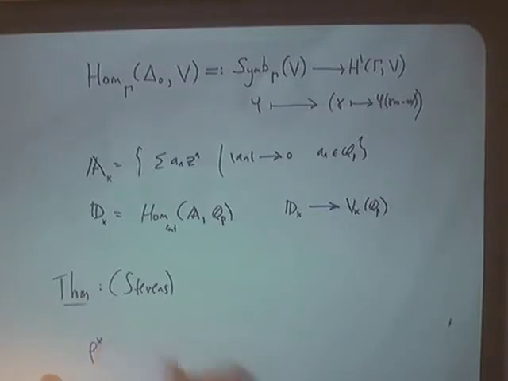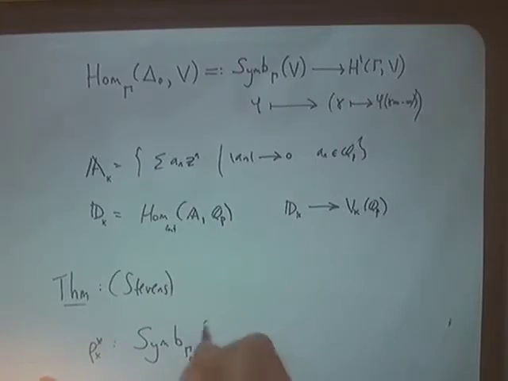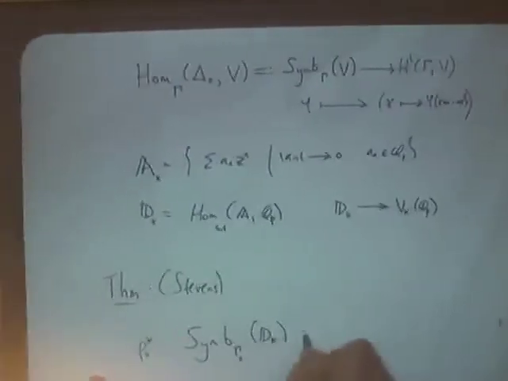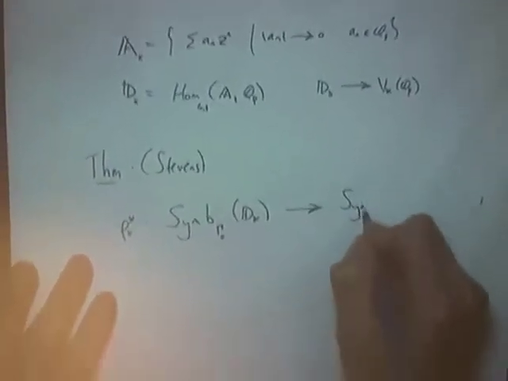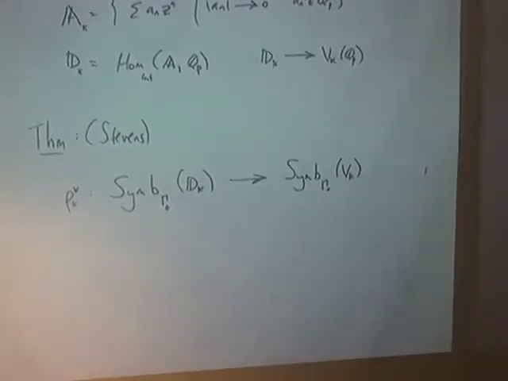And so I called rho star sub k the induced map on modular symbols. So now I'm putting Gamma_0 for Gamma_0(Np), and then I'm plugging in D_k, and then that maps naturally to these classical modular symbols.